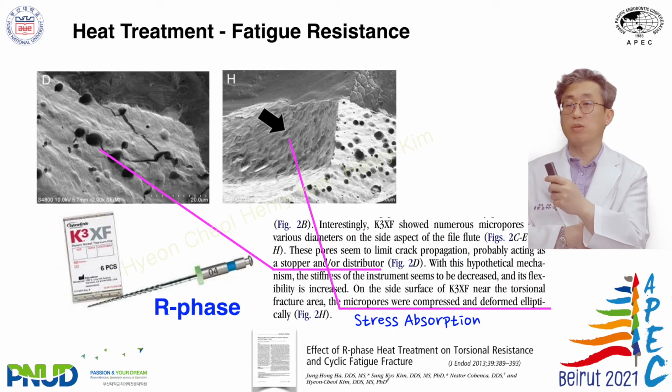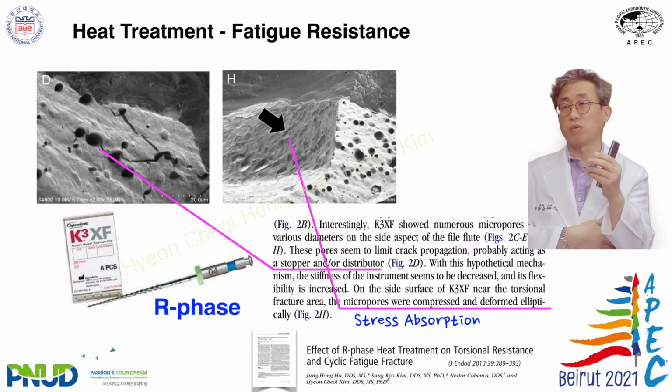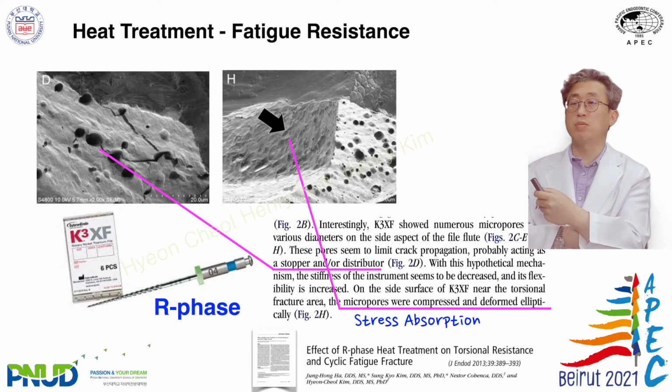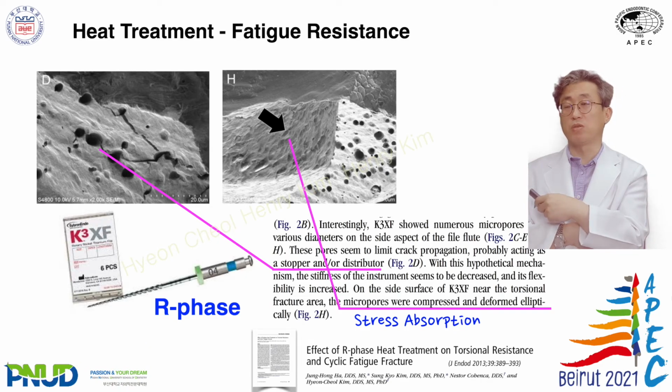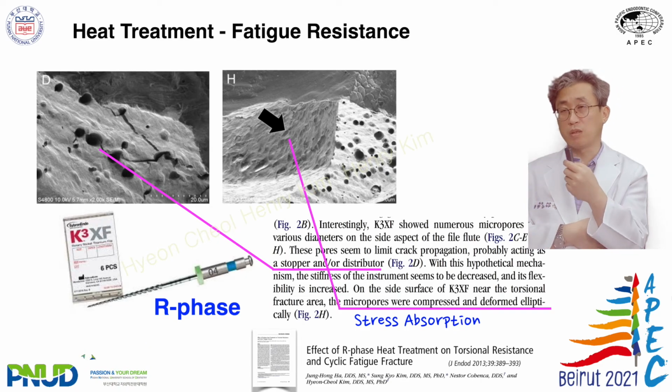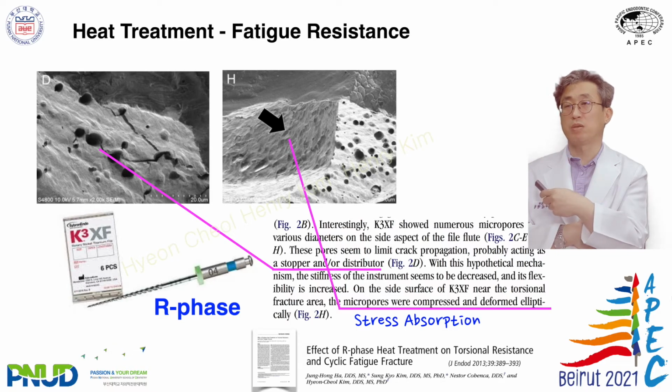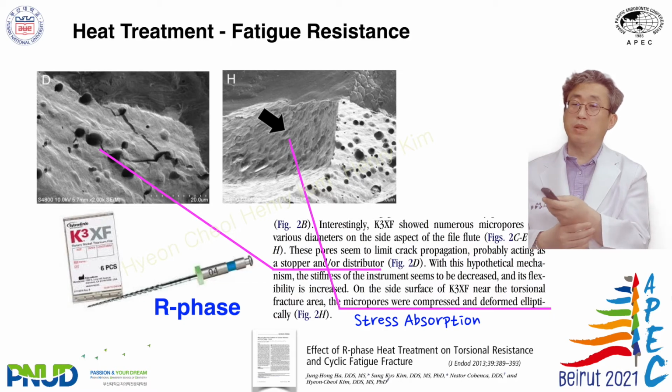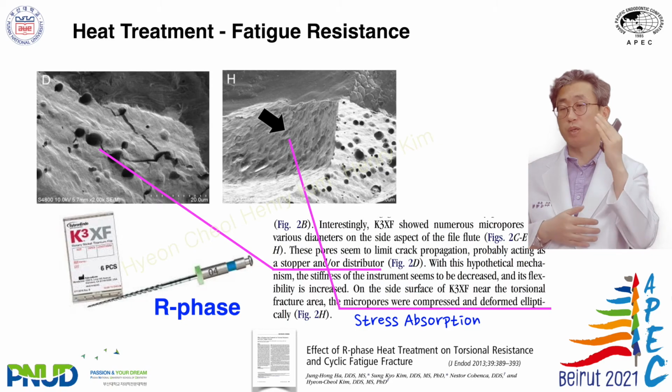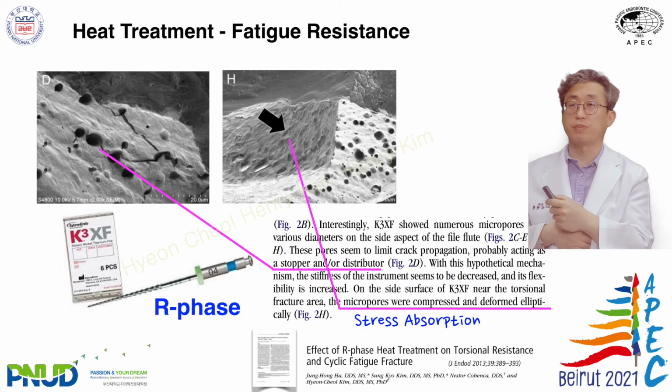They have a role such as crack stoppers and may act as stress absorbers when the file has stresses or microcracks. So these micropores may increase the fracture resistance of the instrument when the file is made of R-phase or EDM. Definitely we can say the heat treatment and surface texture give the file much better mechanical properties.